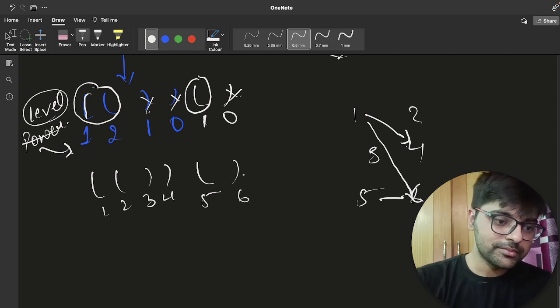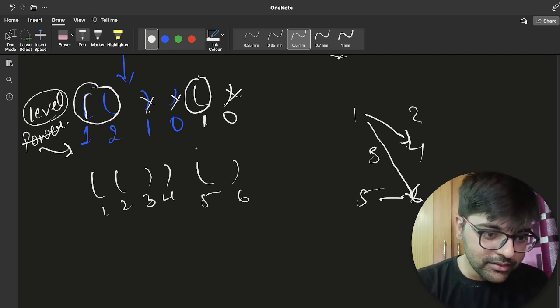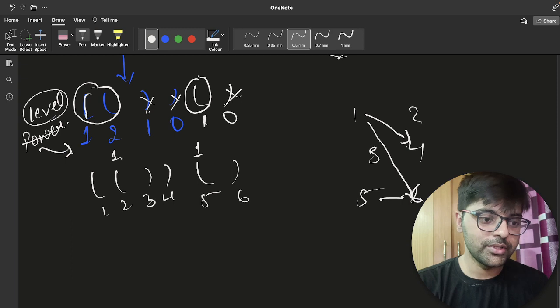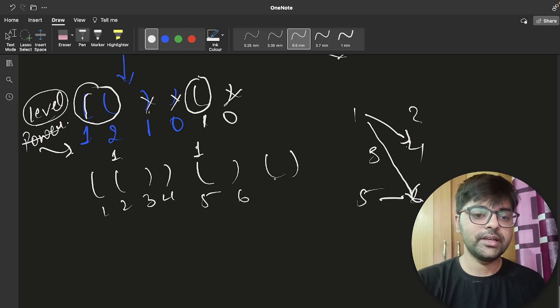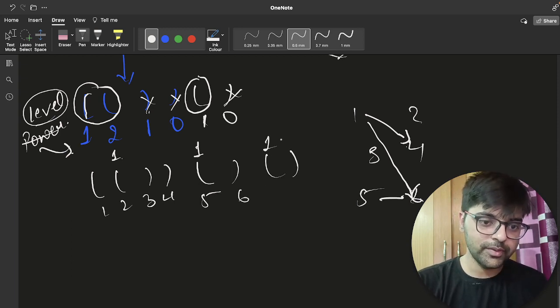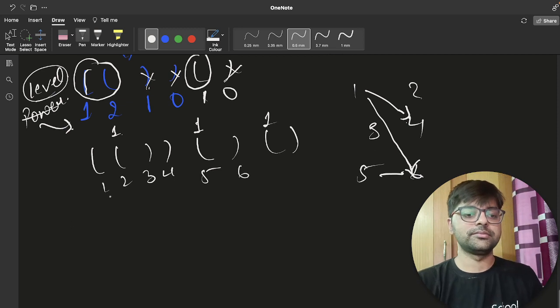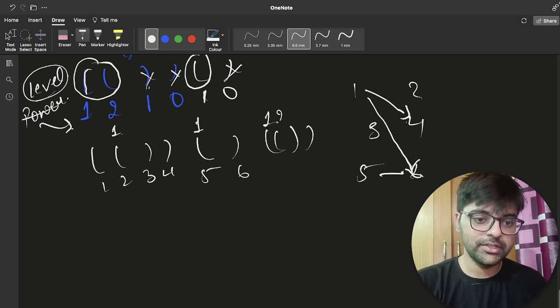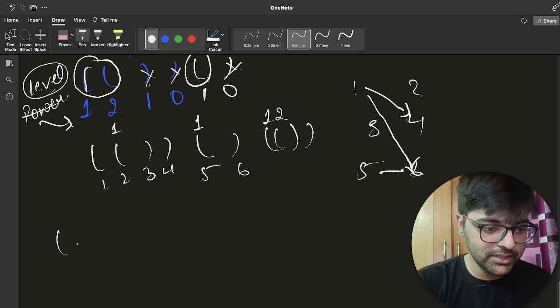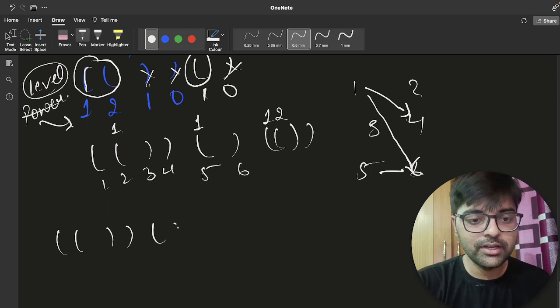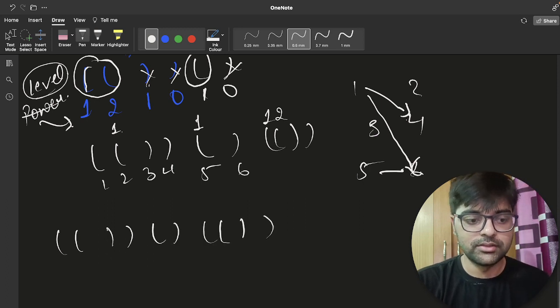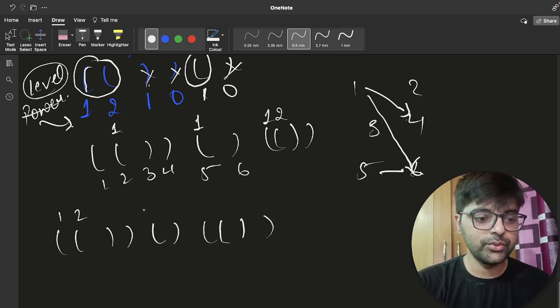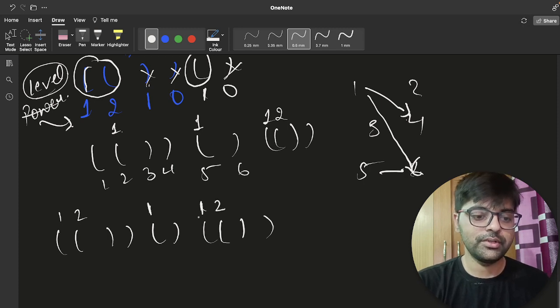So let's say this power is 1, this power is 1. Then you get another one, its level is 1, and this one, its power is 2. So consider this example 1 2 3 4. Its power will be 1 2, then 1 1 2, right?